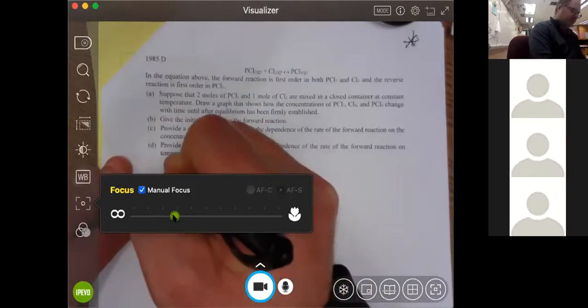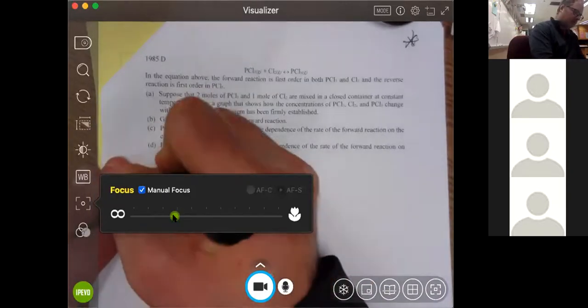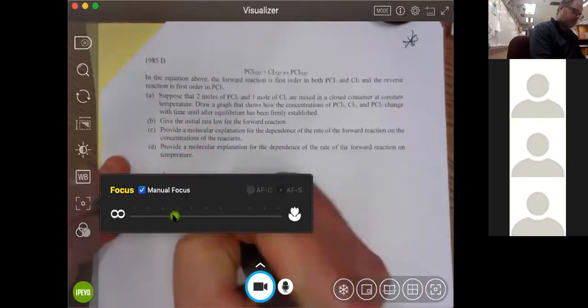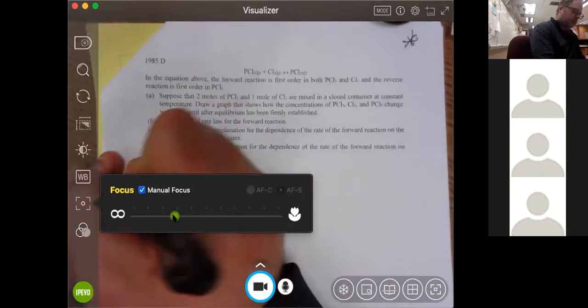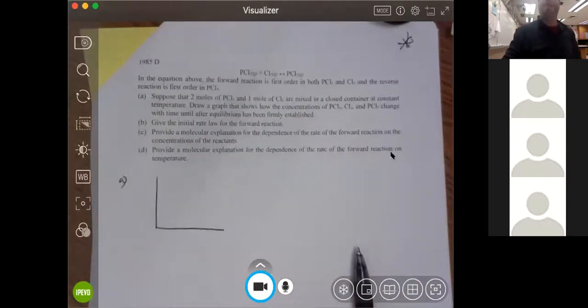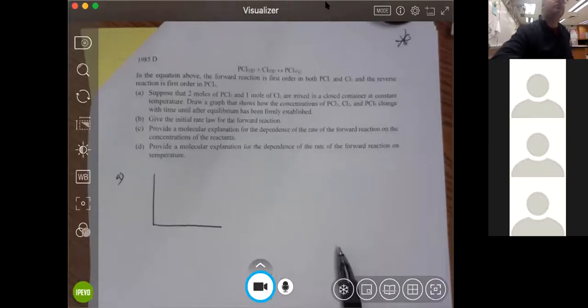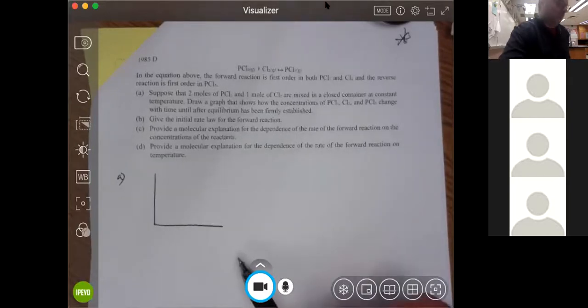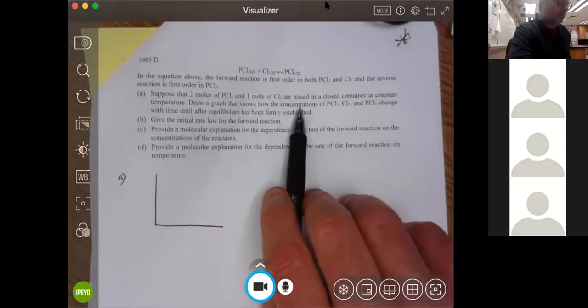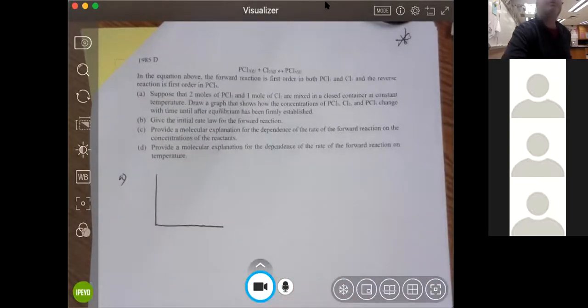So basically, we know that we need a graph. What's going to go on the bottom here? It shows concentration with time. So which one of those is going to go on the bottom? Concentration or time?